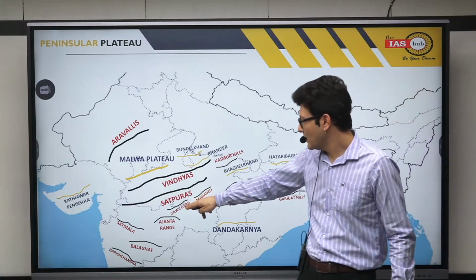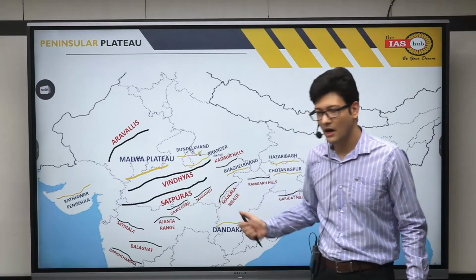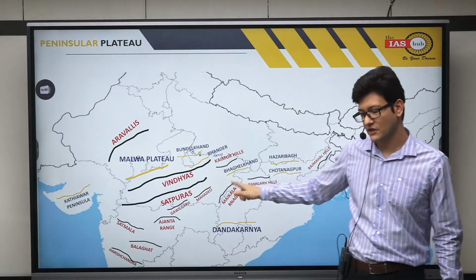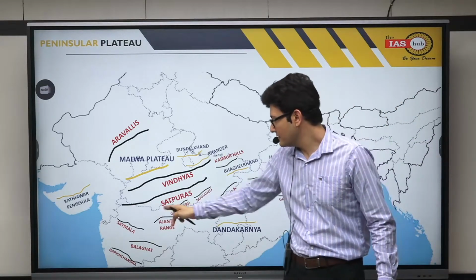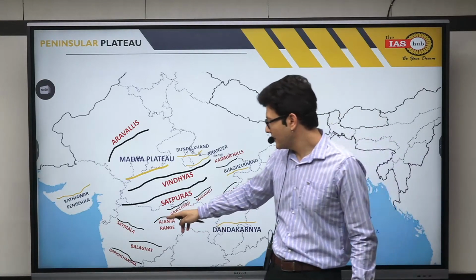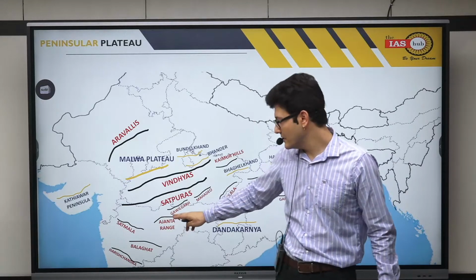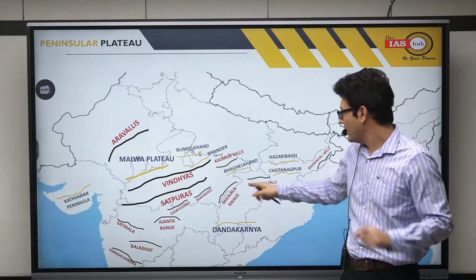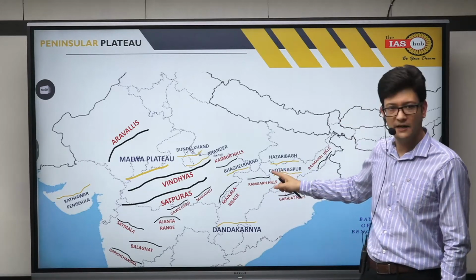Then to the south of Satpuras, if you see, Gawilgarh and Mahadev are the 2 major ranges. Maikal ranges are the extension of Satpura ranges only. Then we have the Satmala, Ajanta range. Ajanta caves are all found here in the Aurangabad region. Then Balaghat, and then Harishchandra. After Maikal we have Ramgarh Hills in the northern side of Chhattisgarh.